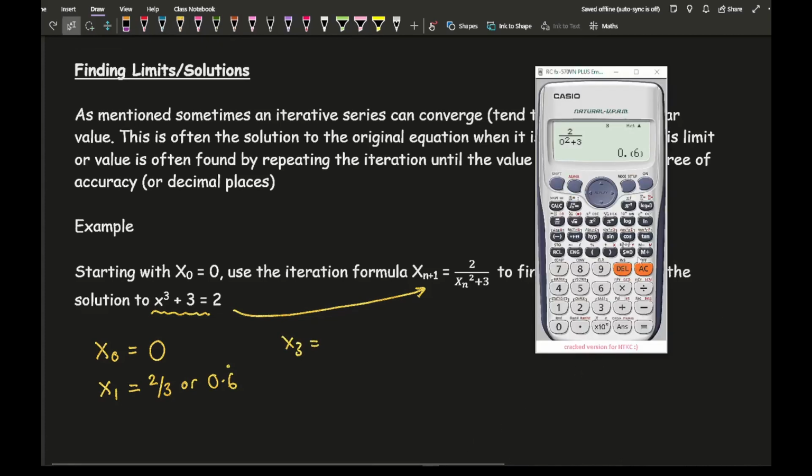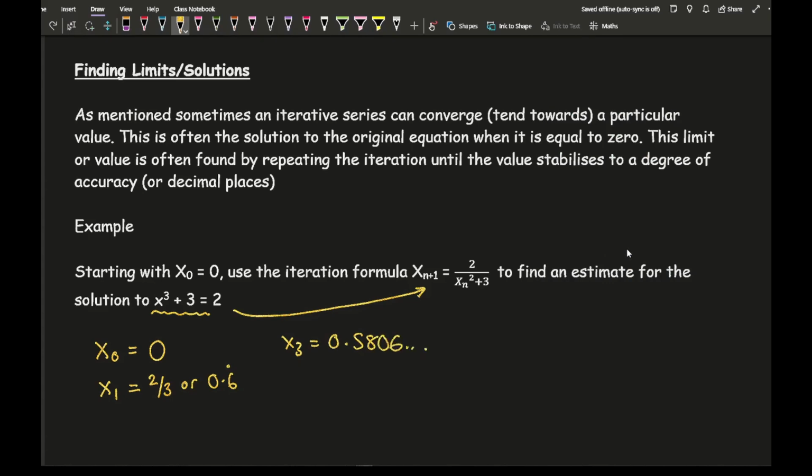Then I'm going to work out x2. On the calculator I repeat the formula, so I've got 2 over 2/3 squared plus 3, press equals, and it comes up as 0.5806.